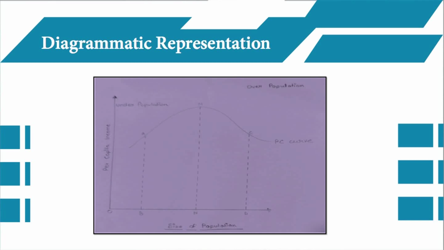As population further increases from ON to ND, the income per capita level falls. This fall is attributed to the law of diminishing returns by the advocates of the theory. This ND amount of population represents what?